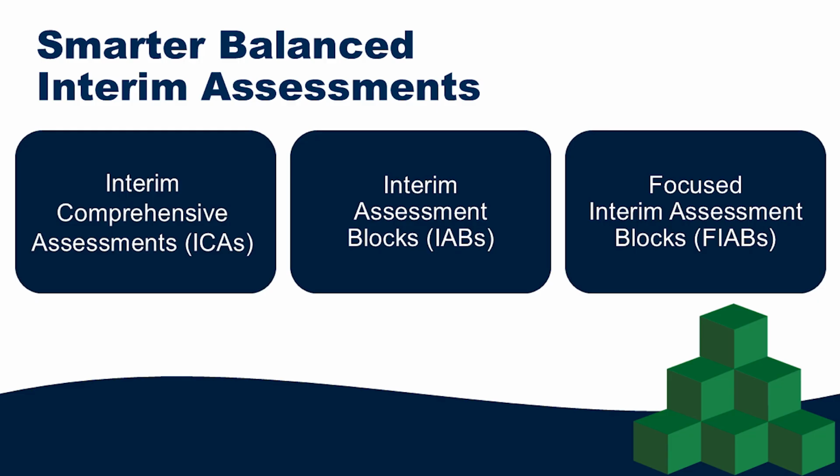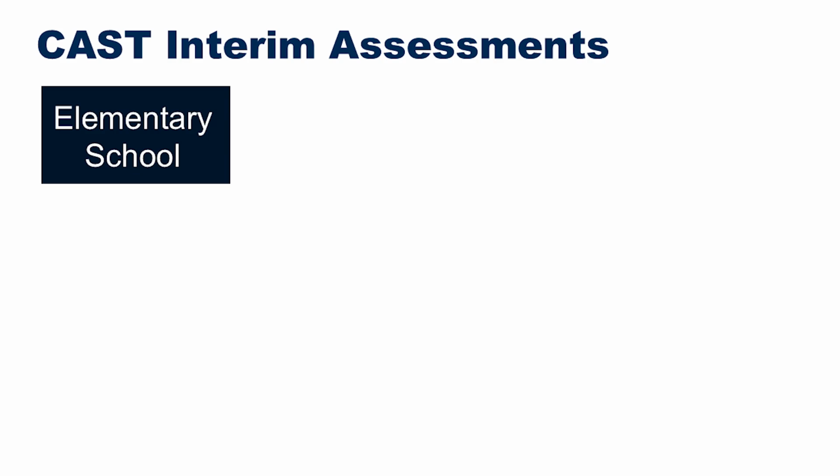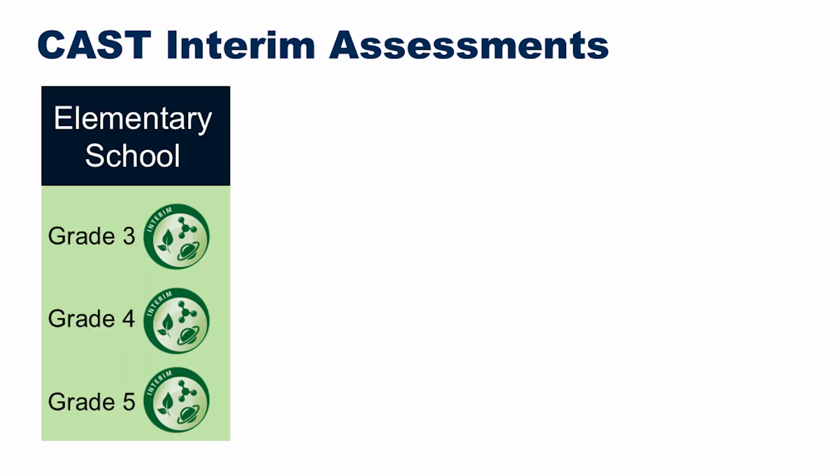CAST interim assessments, or IAs, are organized in 2 ways. In elementary school, they are organized by grade level performance expectations, so the CAST IAs for grades 3, 4, and 5 assess all 3 science domains: Earth and Space Sciences, Life Sciences, and Physical Sciences.